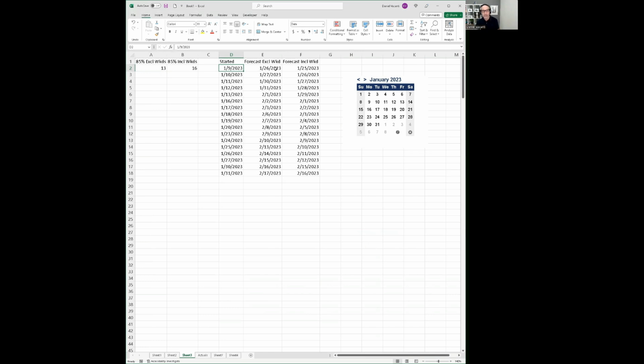And so you'll see what's happening here is, for every single forecast, as you go through this whole list, every single forecast that excludes weekends is longer than every single forecast that includes weekends. You're actually less predictable, if I can say it that way. That's not entirely correct, but you're less accurate with your predictions in this way.